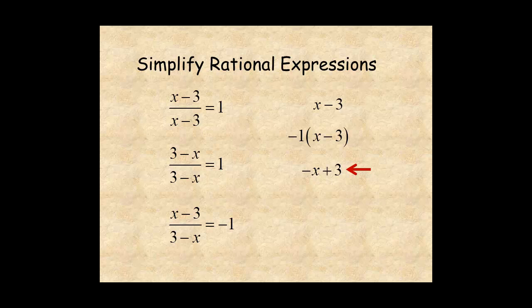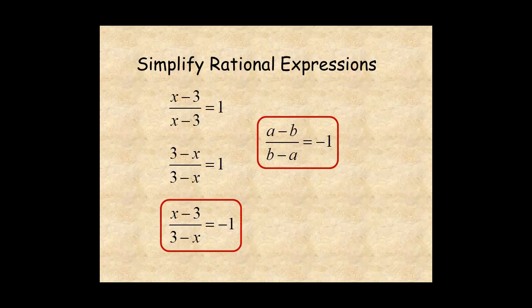Since this is a sum, you can switch it around and you get 3 minus x. So you can see these expressions are different by a factor of negative 1. In general, the ratio of a minus b and its opposite or inverse, b minus a, simplifies to negative 1.